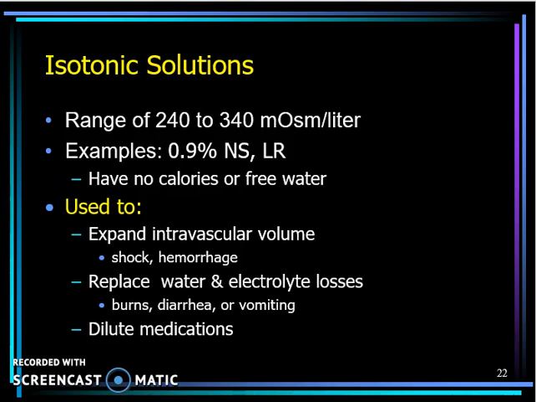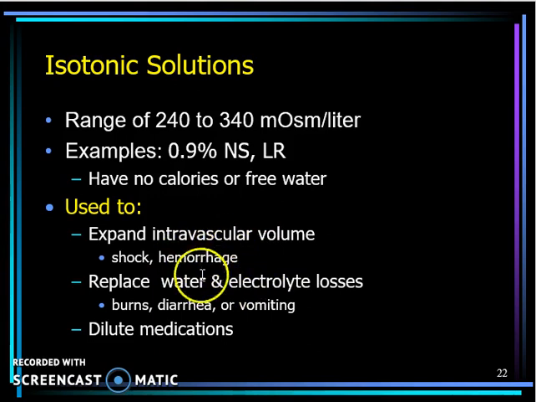Okay, so we'll start with the different types of tonicity IV fluids. Our isotonic solutions, 0.9 normal saline and lactated Ringer's, are the two best examples. Their range in serum osmolality is 240 to 340. If you remember, normal human serum osmolality is 280 to 300, so keep that 300 range as your normal. It's not going to change anything with the cell.